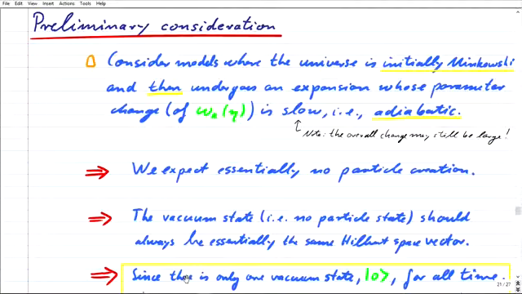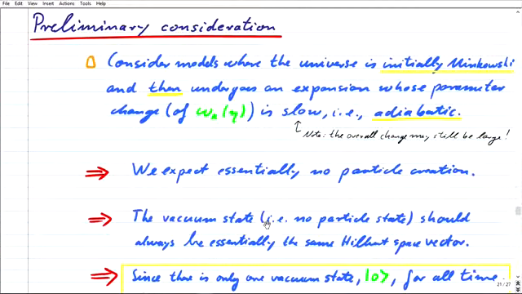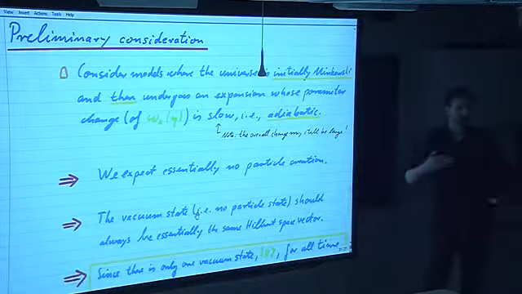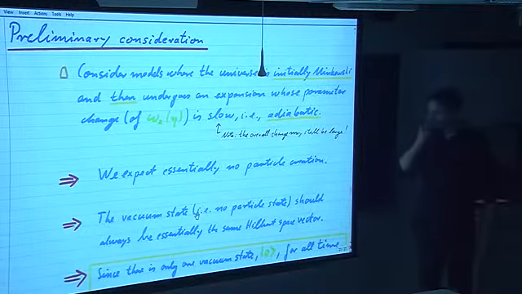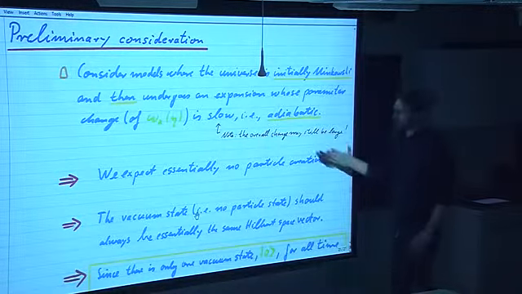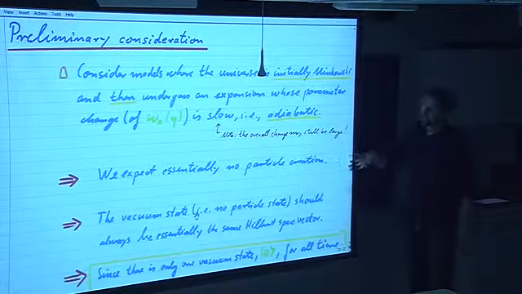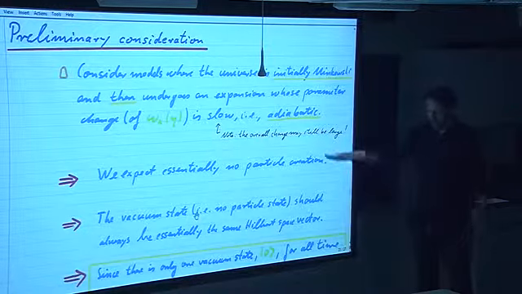Now the vacuum state should, in this case, always stay the same vector in Hilbert space. And no particle production means the Hilbert space vector that describes the vacuum stays the same vector. Let us have that sink in, right? So no particle production, in the adiabatic case, means that the vacuum state is the same vector at all times.